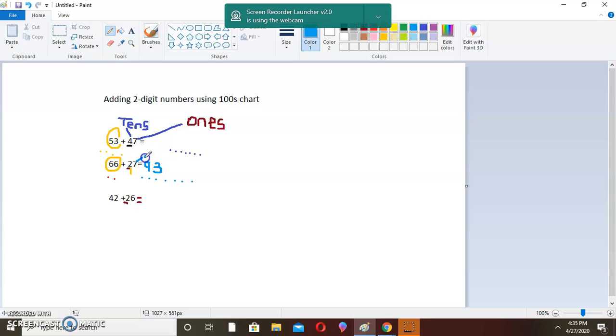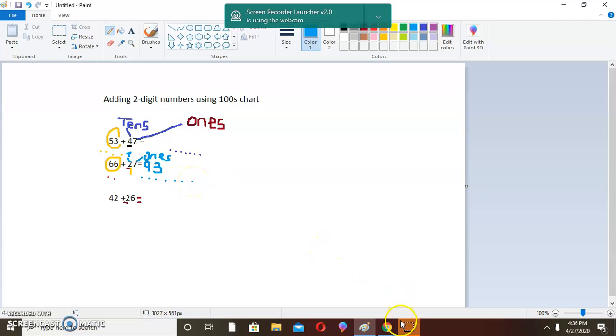Now you are moving to ones. So we started with the tens, but now we are moving to ones. So you have 86 plus 7. You count 7 more steps: 87, 88, 89, 90, 91, 92, 93.